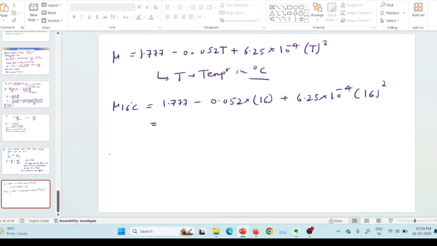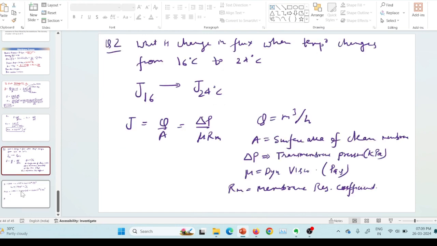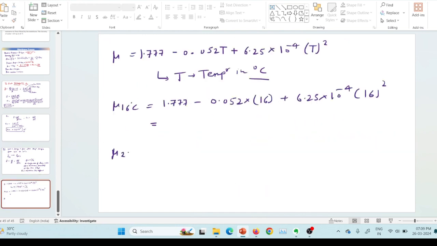So this we have to calculate, and we have to calculate at 24 also: 1.777 minus 0.052 into 24 degrees Celsius, plus 6.25 into 10 to the power minus 4 into 24 whole square.